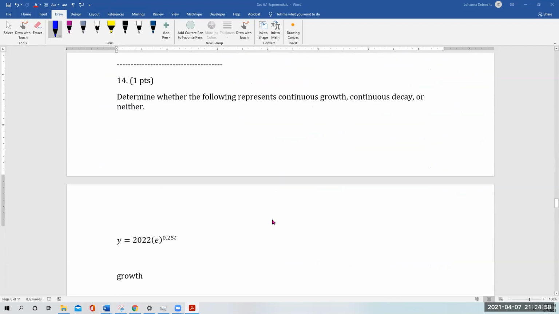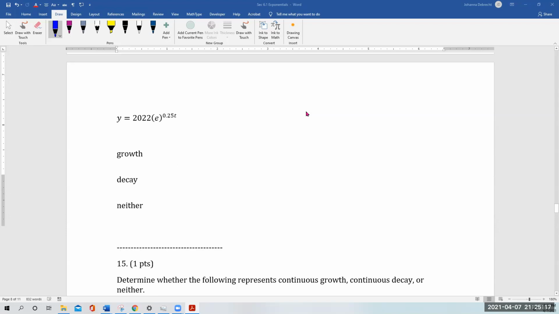In this problem, it says determine whether the following represents continuous growth, continuous decay, or neither. For continuous growth or decay, our base has to be Euler's number, which is the letter E. And yes, it is pronounced Euler, not Euler, even though it looks like Euler. In this case, we do have E as the base.